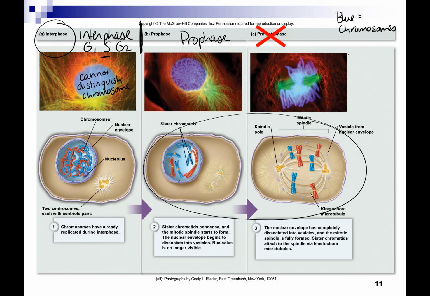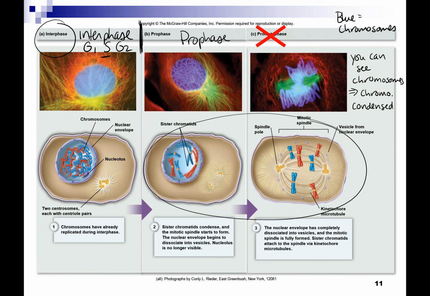And so prophase, what I want you to be able to recognize is that you can see chromosomes. So you see this is blobby blue, right? Now you can start to see those squiggles, because the chromosomes have condensed, which means they've gotten tighter.